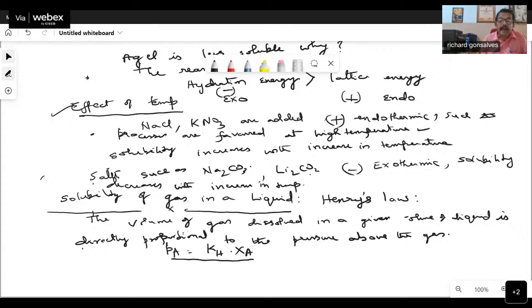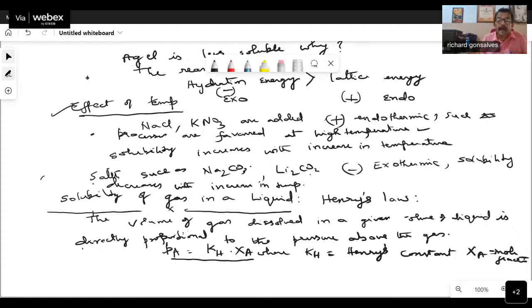The partial pressure of a gas which is dissolved is equal to Henry's constant KH, where KH is called Henry's constant, and XA is called the mole fraction of the gas.